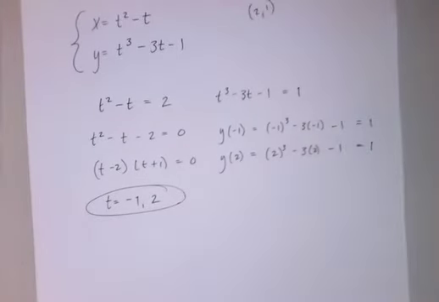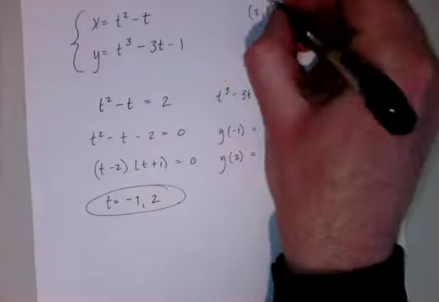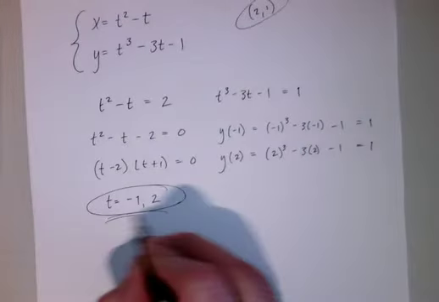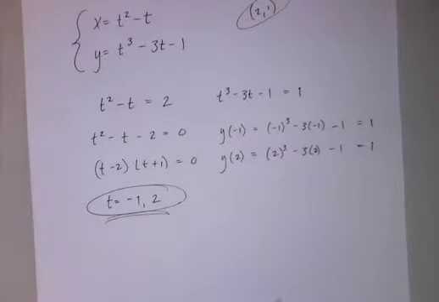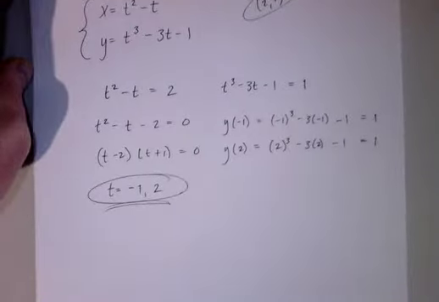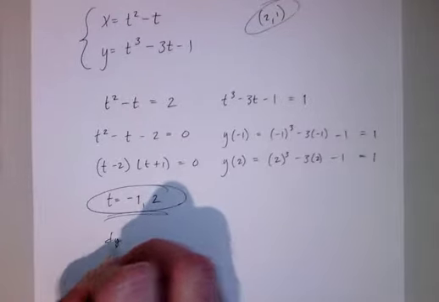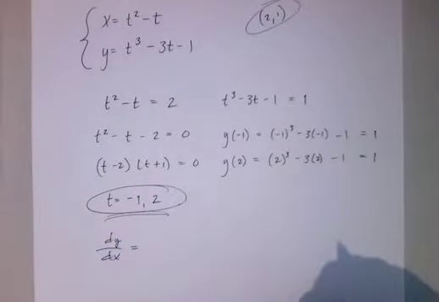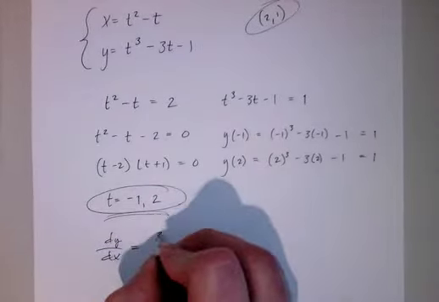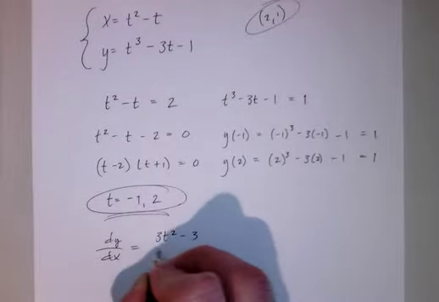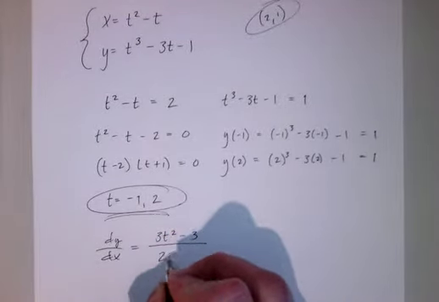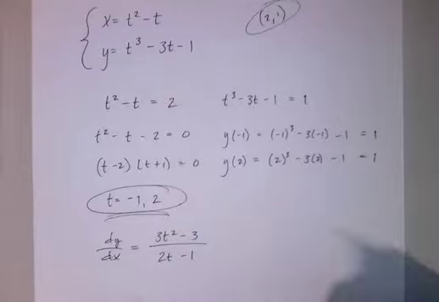So really what I'm trying to do is use this point, and use these t values through my dy dx in terms of t to find the slope. So I just need to find dy dx in terms of t. So dy dx is going to be 3t squared minus 3 over 2t minus 1.